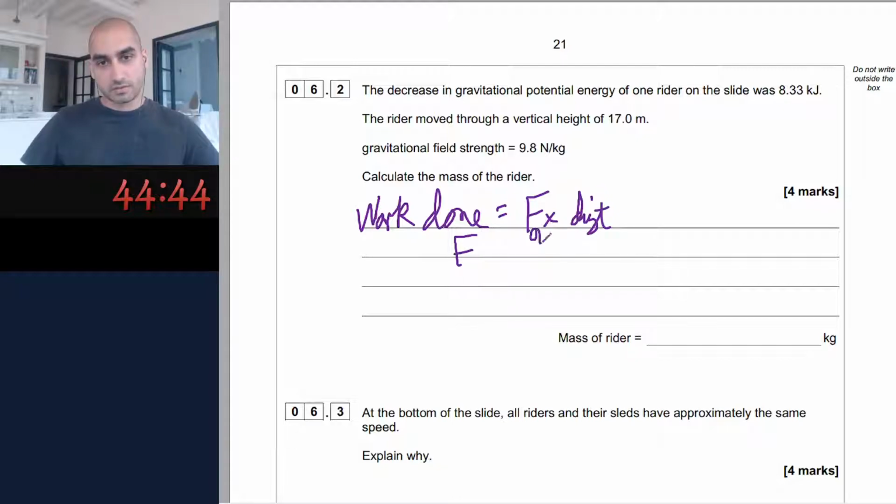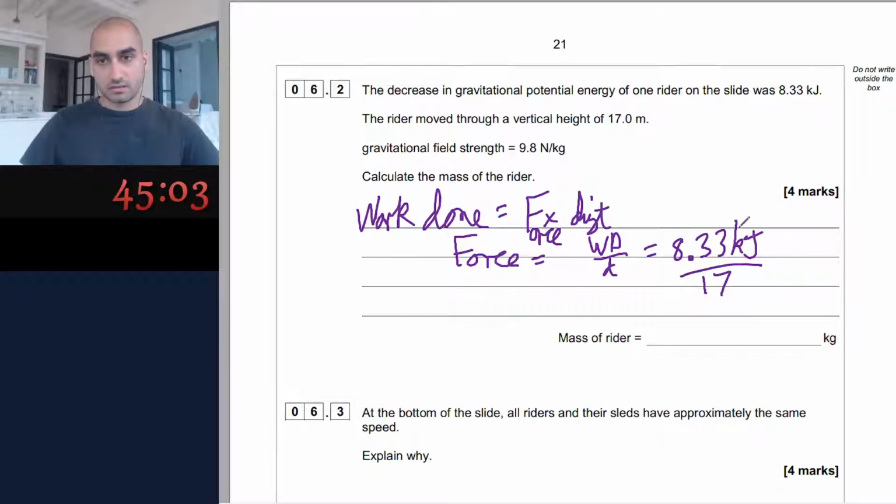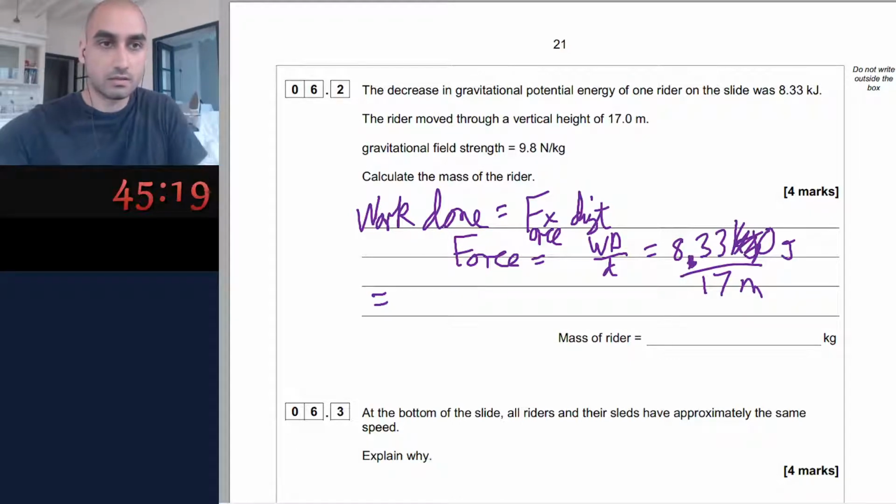So force equals work done over dist equals 8.33 kilojoules over 17 meters, so 8330 divided by 17. 8330 divided by 17 is 490.